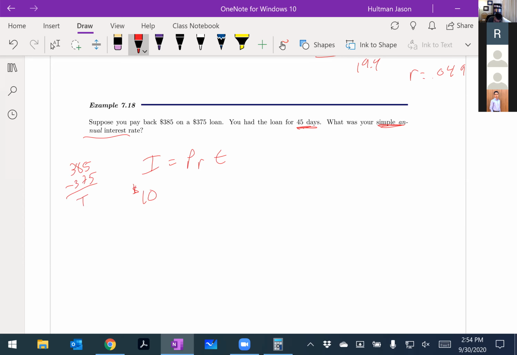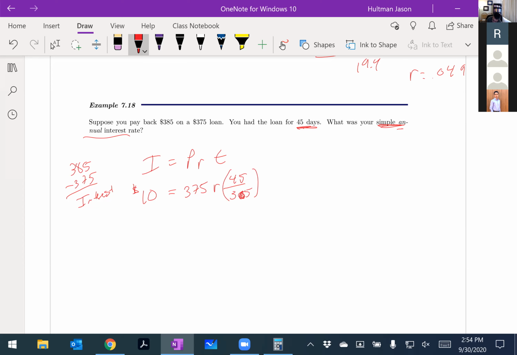That's the interest, $10. So the interest is equal to the principal, that's 375, times the rate, times the time. What's the time in this case? We want an annual interest rate, so the time is 45 out of 365.